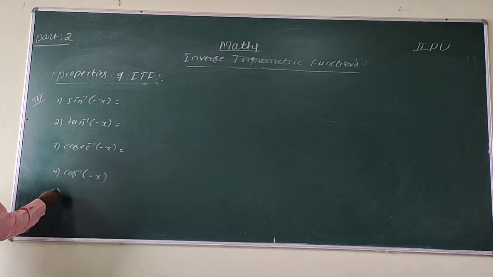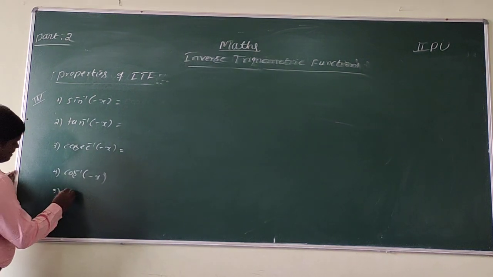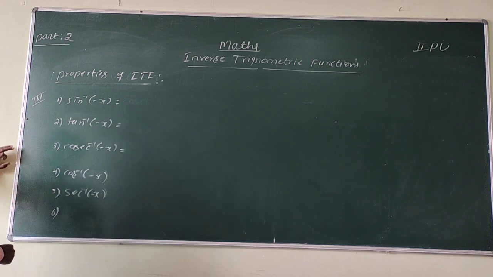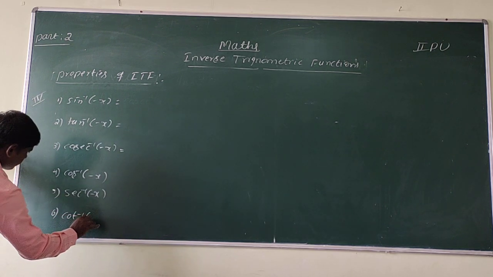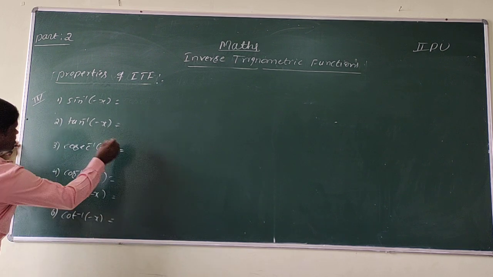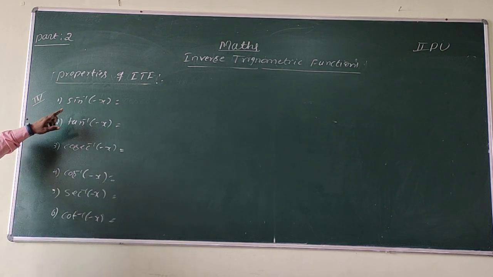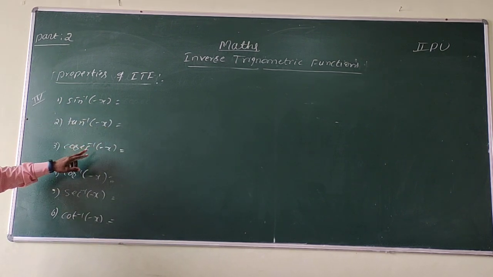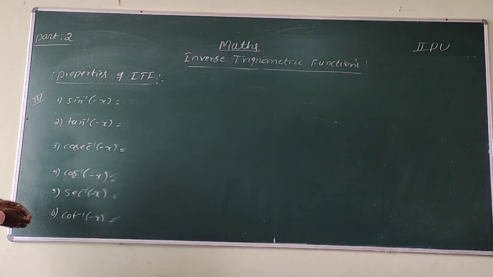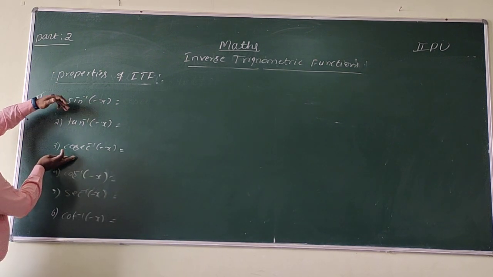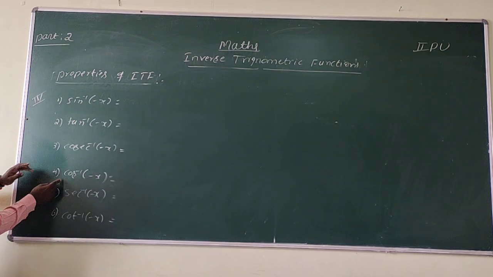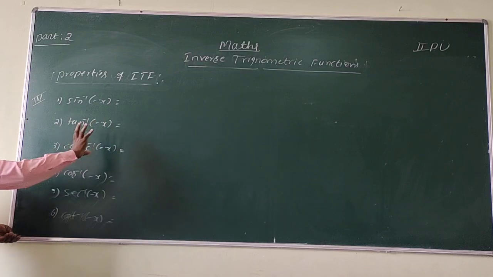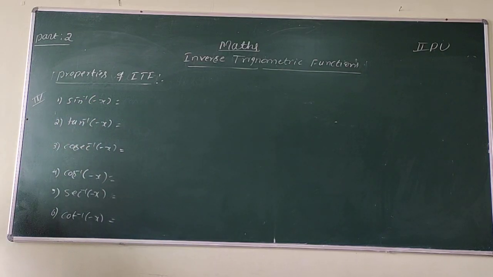Okay, the fifth one is secant inverse of minus x, and the sixth one is cot inverse of minus x. So what about these? Here, sin inverse of minus x is equal to what, tan inverse of minus x is equal to what, cosecant inverse of minus x is equal to what. I am taking the first three as sin, tan, cosecant, and the second three as cos, secant, cot, since the outputs are a little bit similar.